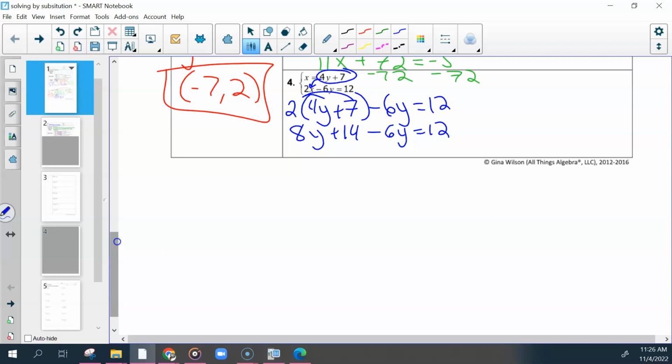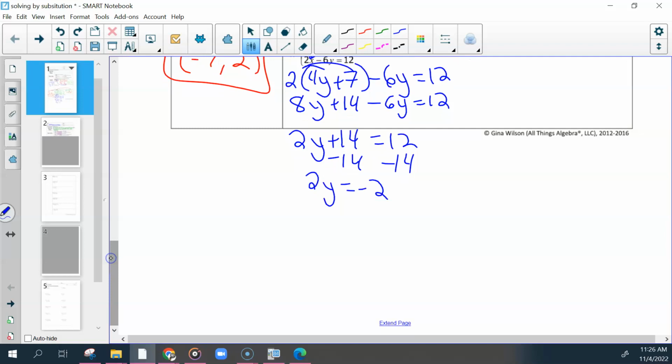So we combine our like terms, we have positive 2y. Subtract 14 and we have a negative 2. Divide both sides by 2 and y would equal a negative 1.